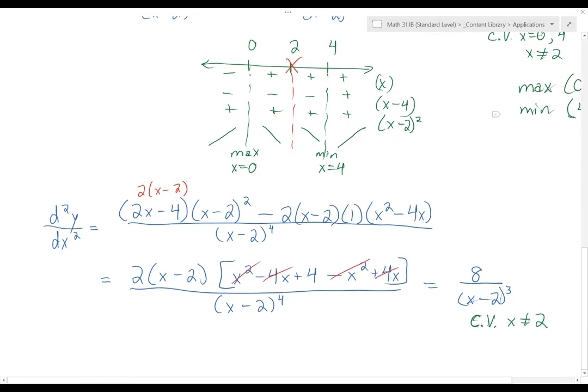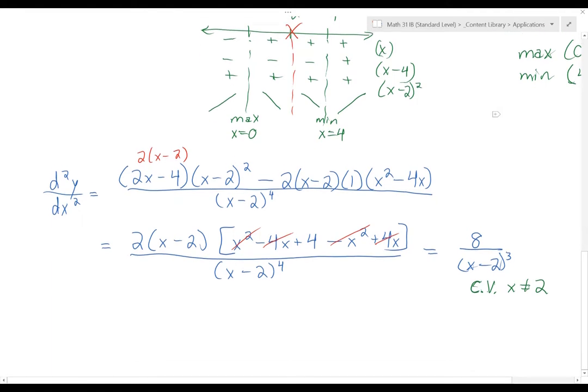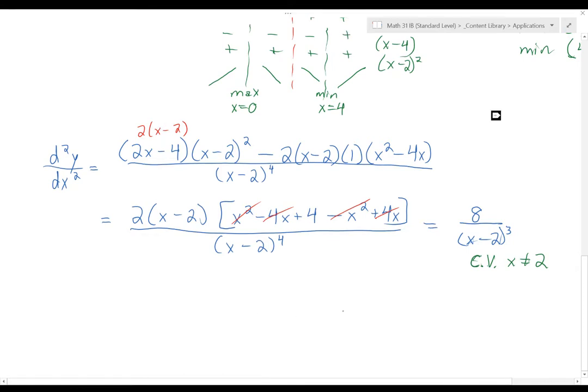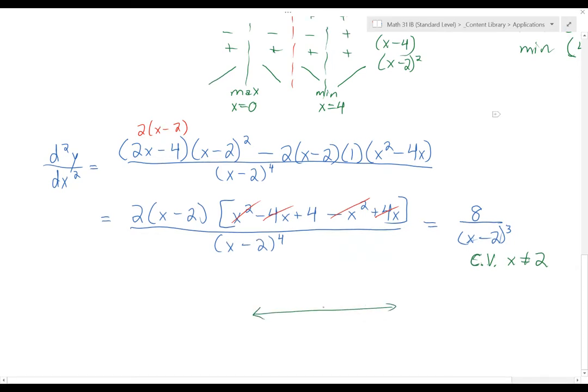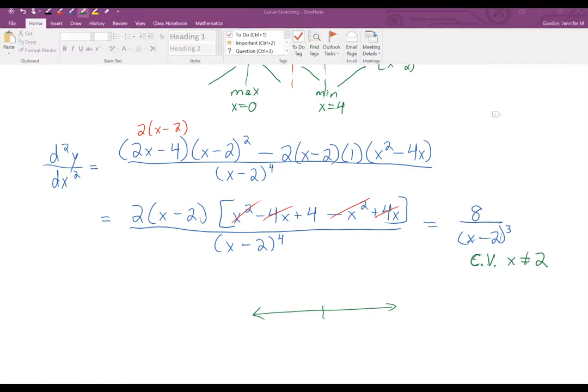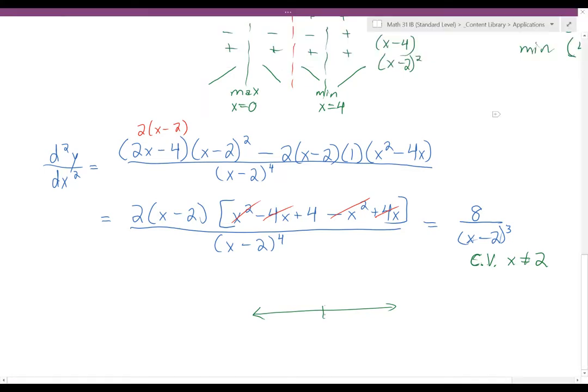I am expecting, based on the fact that I know there's a maximum at 0, so to the left of 2, I'm expecting this to be concave down, and to the right of 2, I'm expecting it to be concave up, because I know I have a minimum. But I'm going to confirm that just to make sure, because we've got lots of places to confirm here and make sure that we are seeing what we expect to see and just making sure that we know what this graph is going to look like.